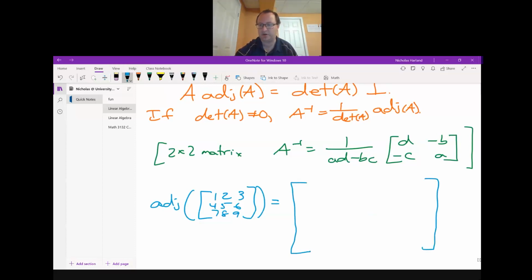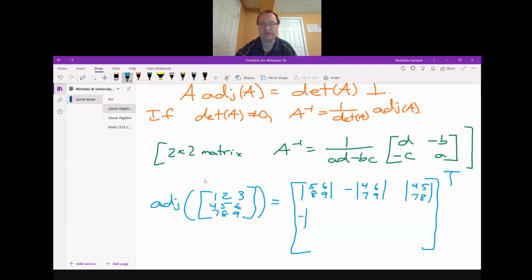So we can start with the cofactor. So that's going to be 2, eliminate row 1, column 1, 5, 6, 8, 9. Eliminate row 1, column 2, but it's negative because it's our place in the cofactors. 4, 5, 7, 8.